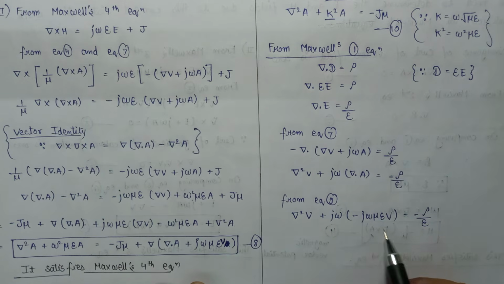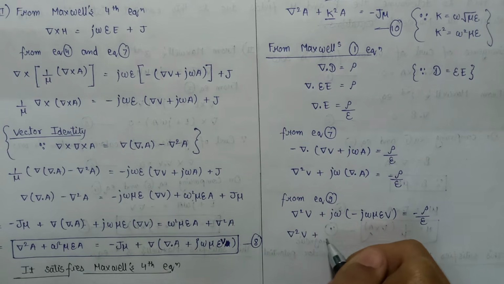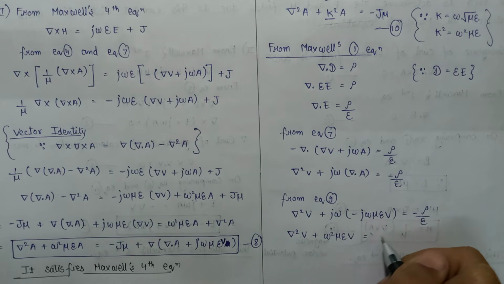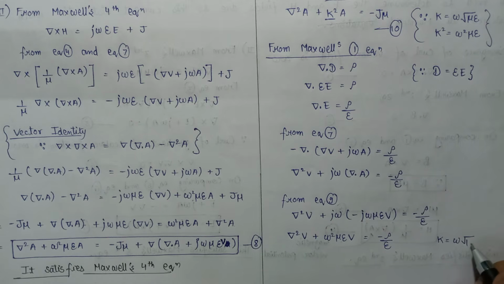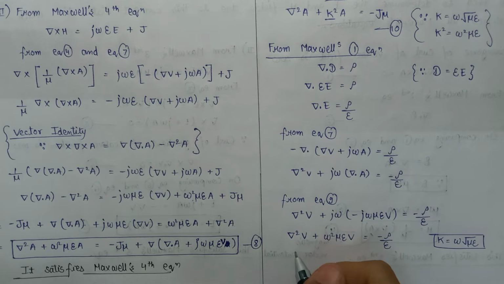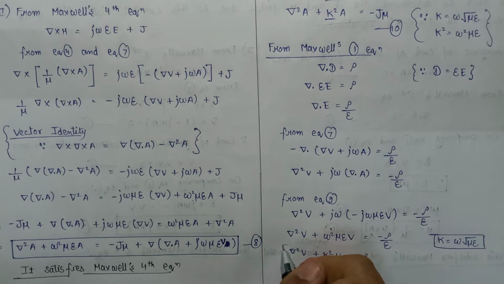If we simplify this equation, then it will be rewritten as del 2V plus omega square mu epsilon into V equals to minus of rho over epsilon. And if we let the value of k equals to omega under the root mu epsilon, then this equation will be written as del 2V plus k square in multiplication with V equals to minus of rho over epsilon, and this is our final equation.